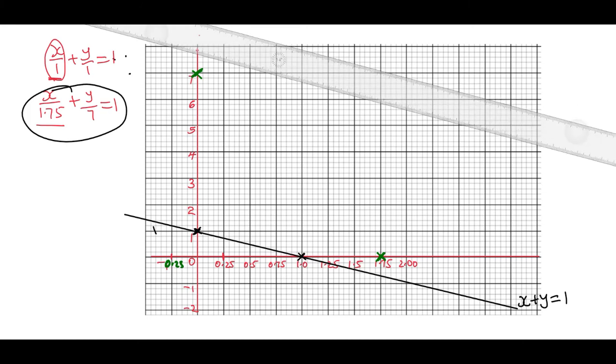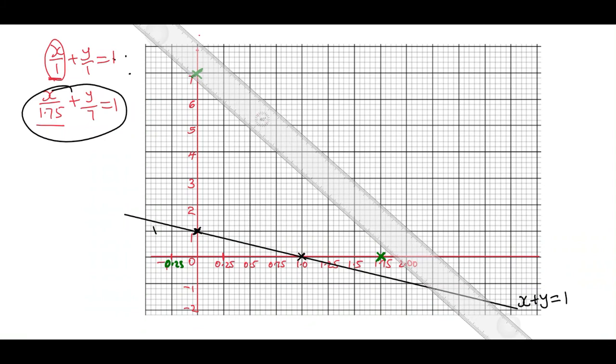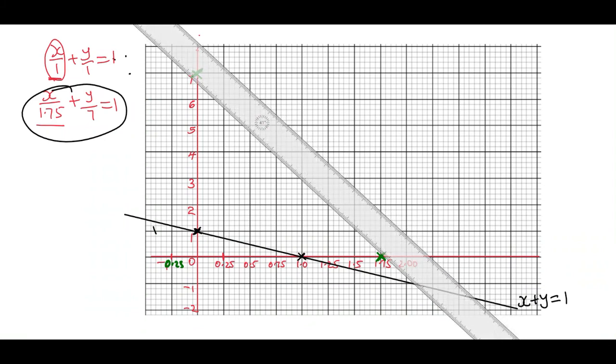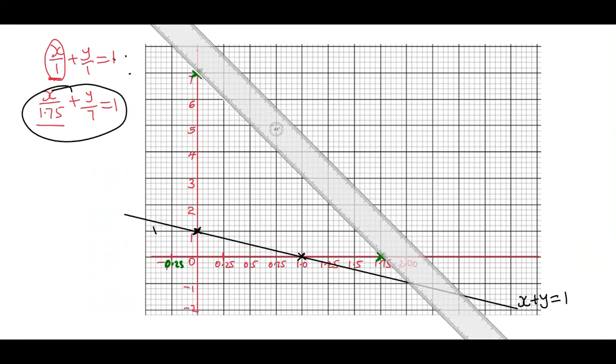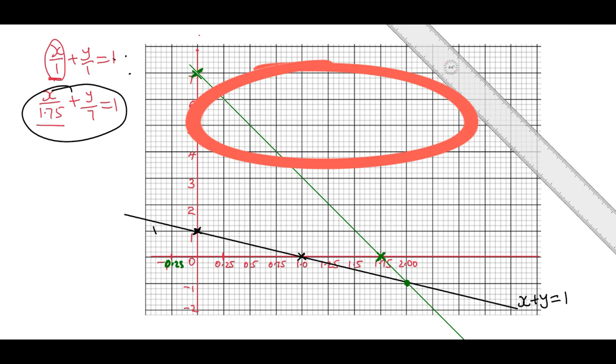Then I draw it, and you can see this is a point. So the original equation was 4x plus y is equal to 7.